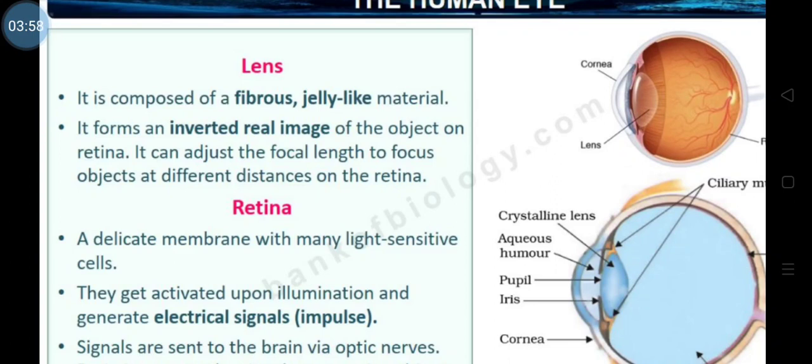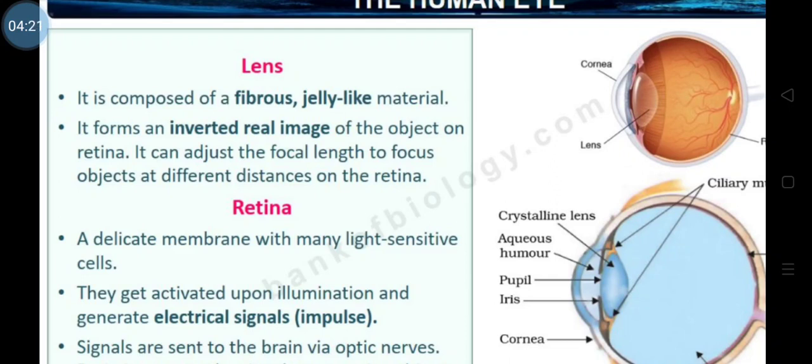The image of the object formed on the retina is an inverted real image. And the lens can adjust its focal length to focus objects at different distances on the retina. So this is the important role of the lens.